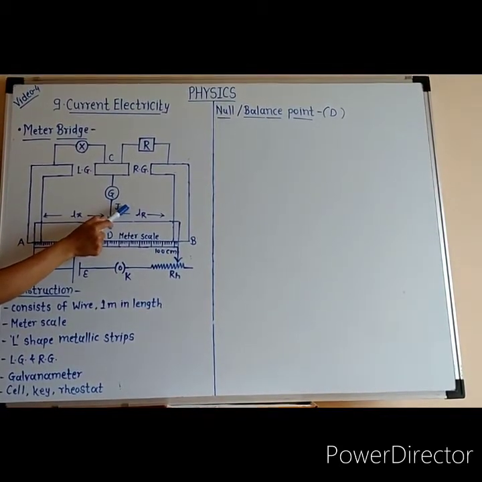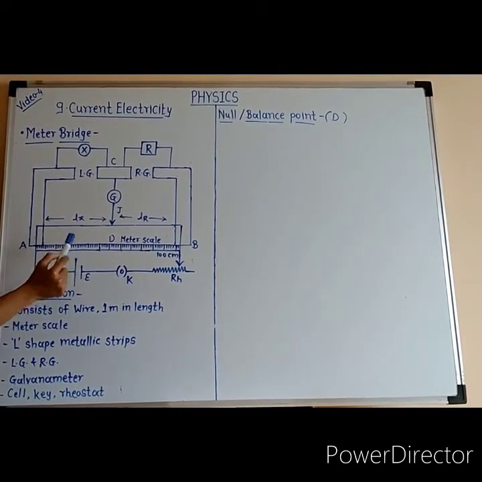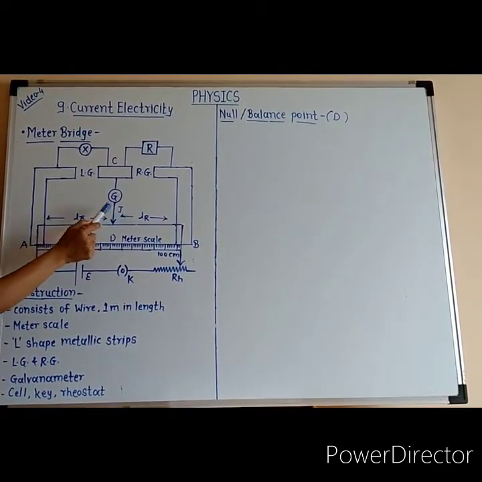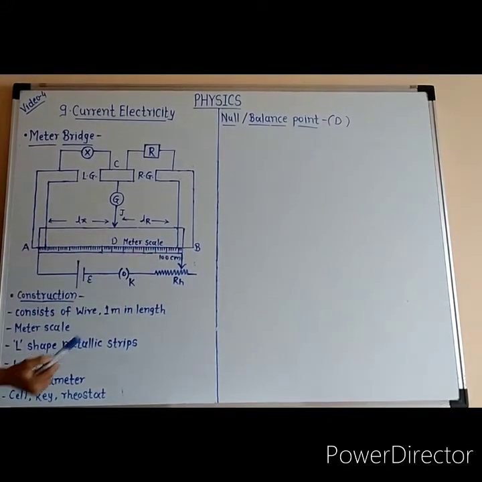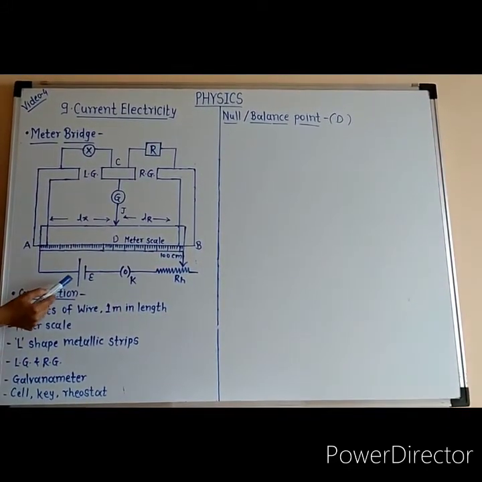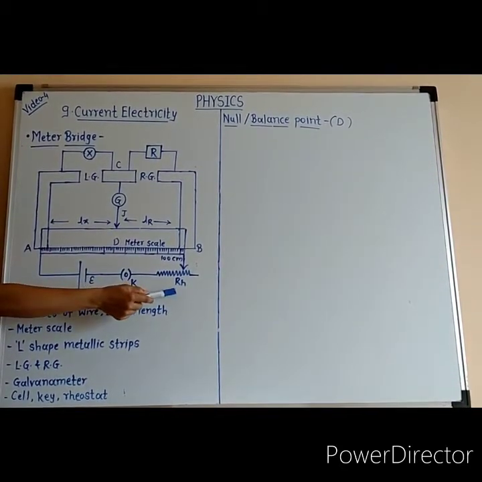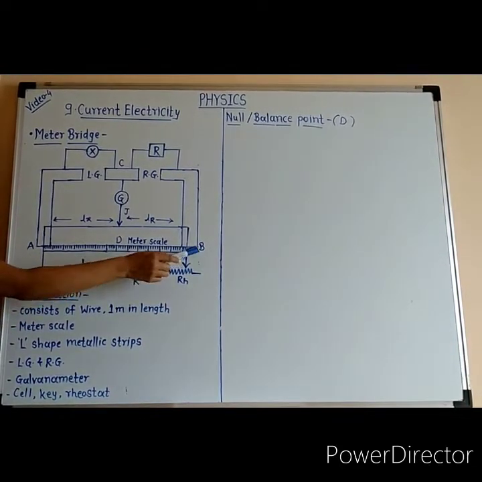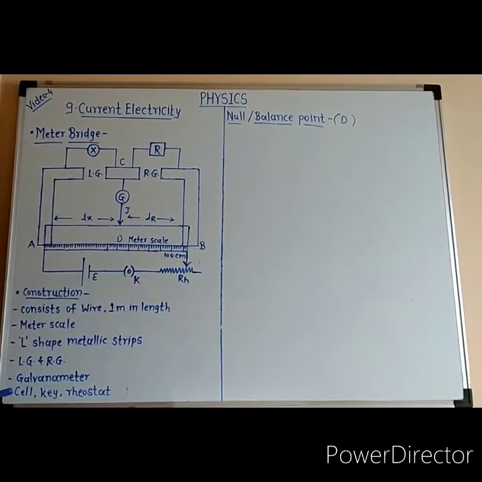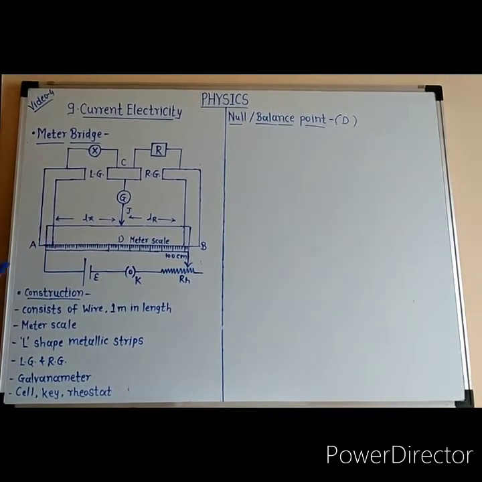It is used for temporary contact with this wire AB. And the last point is the cell with the EMF E. The key and the rheostat are connected between the two ends of the wire, that is A and B. This is the construction of the meter bridge.